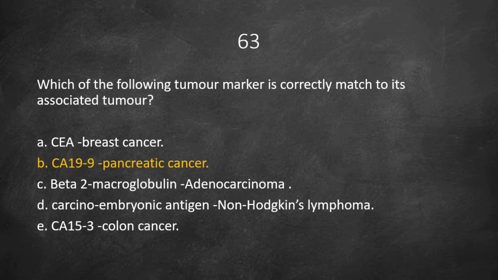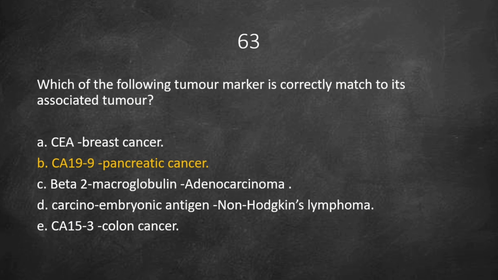If you look at beta 2 microglobulin, this one is primarily used as a marker for lymphoproliferative disorders such as multiple myeloma and lymphoma, so not for adenocarcinoma. Then if you look at D, it says carcinoembryonic antigen matched to non-Hodgkin's lymphoma.